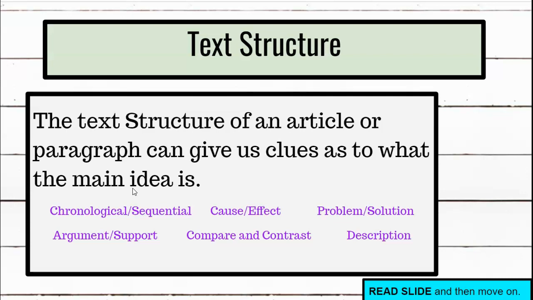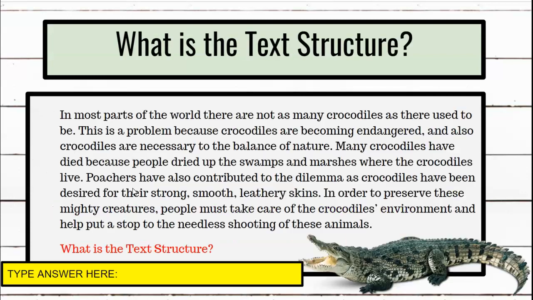Are they pointing out a problem and then telling us how to solve it? Argument support. Are they sharing their opinion and then supporting it with evidence? Compare and contrast, which looks at two or more topics and tells us how they are similar and different, or description, focusing on one topic and then describing its different features.